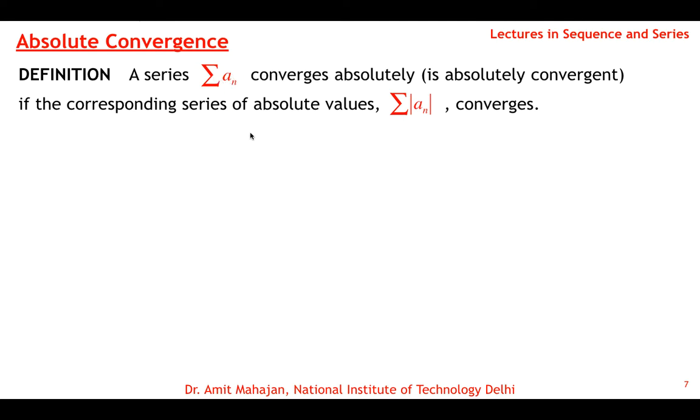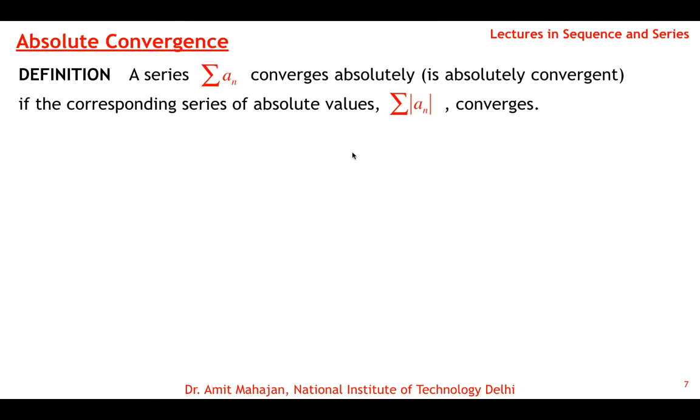To test the series of these absolute values, we have done so many tests now. We can use p series, harmonic, geometric series, comparison test, or limit comparison test. All those tests we can utilize to check the convergence of the series of absolute values, and if it converges, then the original series also converges.